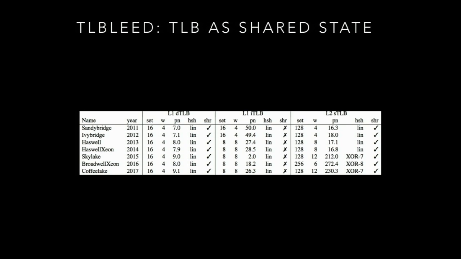Skylake has 128 sets of size 12 each, which is 1536 entries, which is massive, I think. And these strange hashing functions, that they started using since Skylake, I think. So I think that's interesting information to know, because it's not documented.